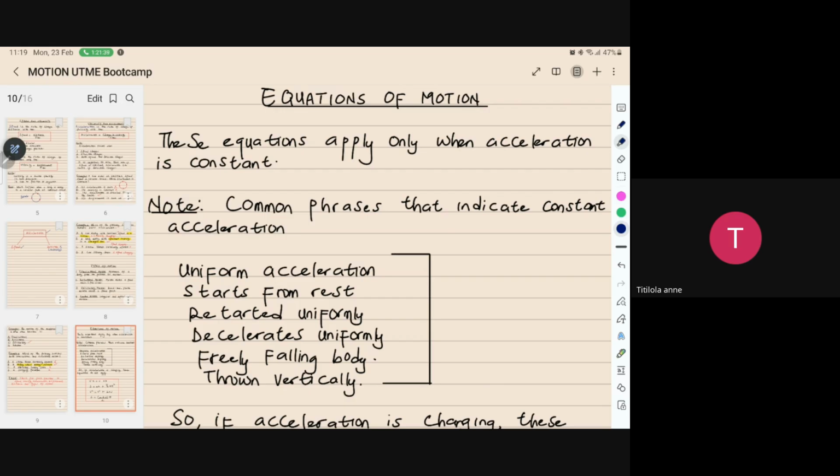Are you guys writing at all, or are you just looking at the slide? If you know you're writing, give me a thumbs up. Okay, Titiola, I know your brain is a computer. Mesh, you're not writing. Why? People should be writing. Don't depend on the slide, because there are some things I say that are not on the slide.